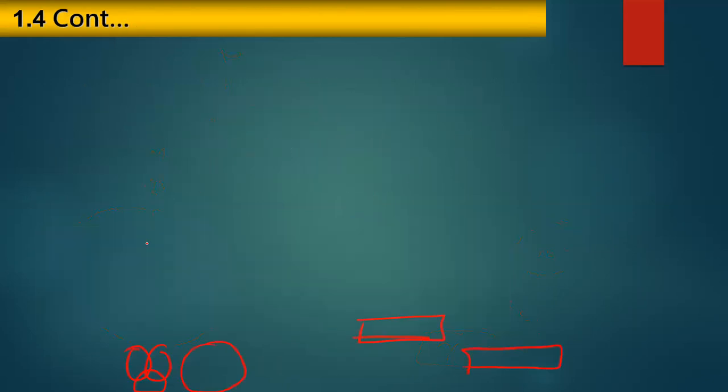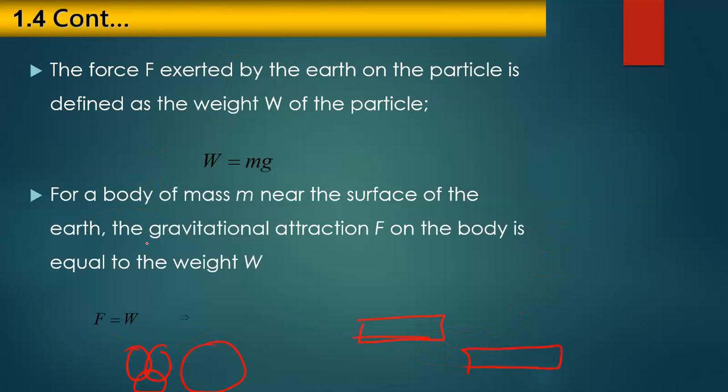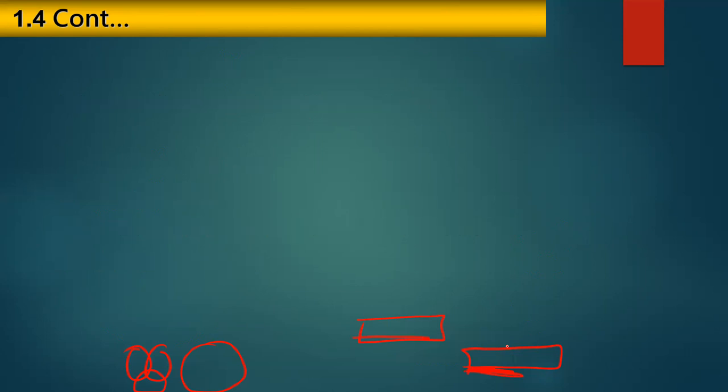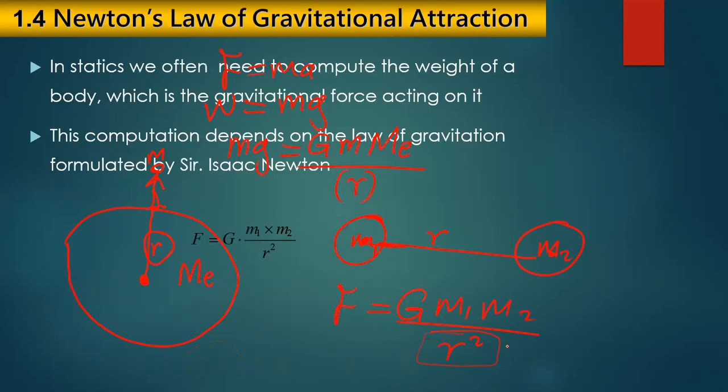When you compare the radius of the Earth to the radius of the human being, you discover that the radius of a human being is nearly negligible. The radius of the Earth is 6.37 times 10 to the power 6 meters, so this is about 6 million meters. When you compare 0.75 meters to 6 million meters, the 0.75 is nearly negligible. So this is what I was trying to talk about here.